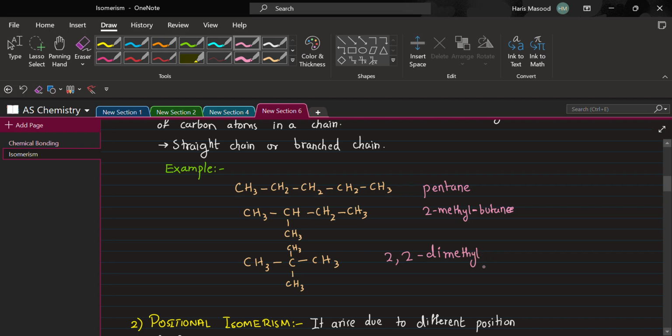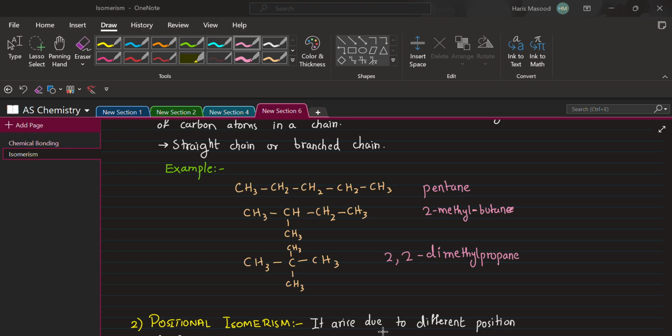Dimethyl propane. Now further, can we make more isomers of it? No. So that is how we form isomers, and these isomers are occurring because we are changing the chain of carbons.